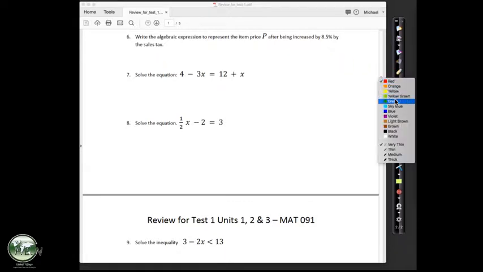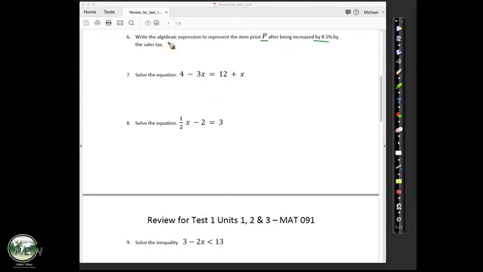Let's go to green color. Write the algebraic expression to represent the item price P after being increased by an 8.5% sales tax. So we want to represent not just the sales tax, but the total price we're going to pay for something.